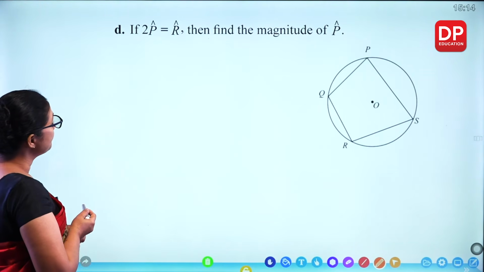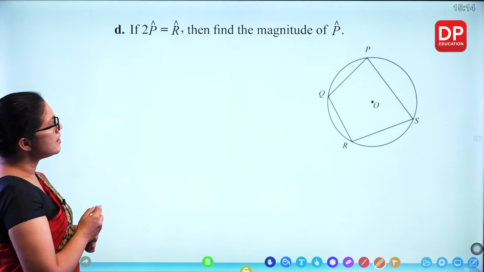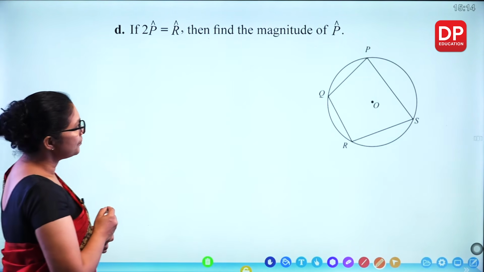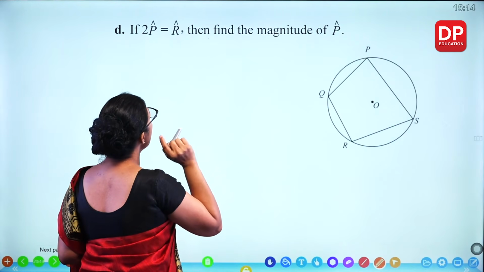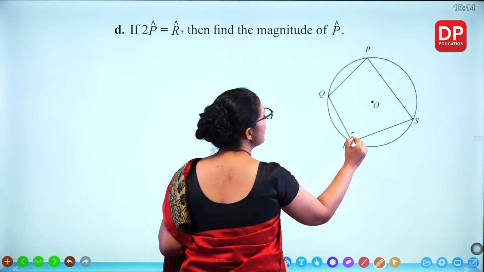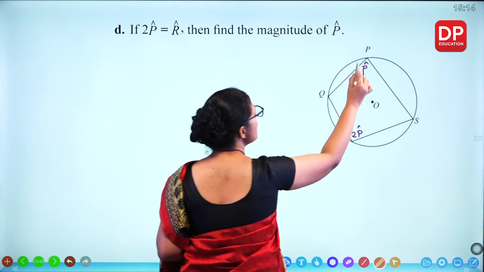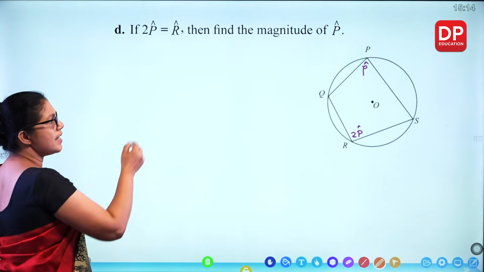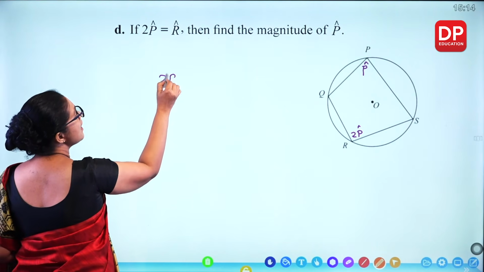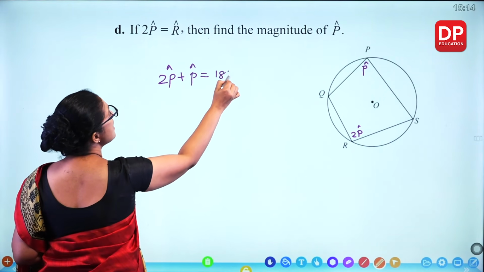Part D. If 2P equals R, then find the magnitude of P. P and R. So we can write instead of R, that's 2P. This is P. What's the relationship between the opposite angles? Add up to 180. So 2P plus P equals 180.